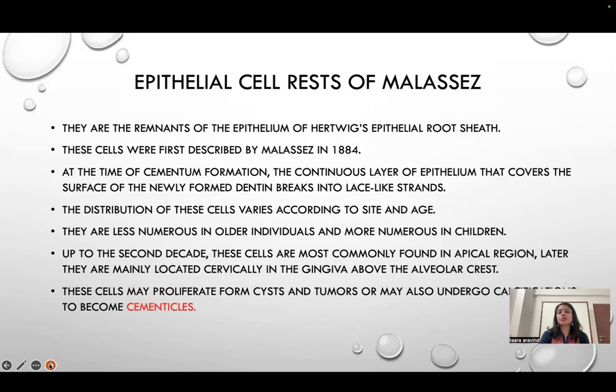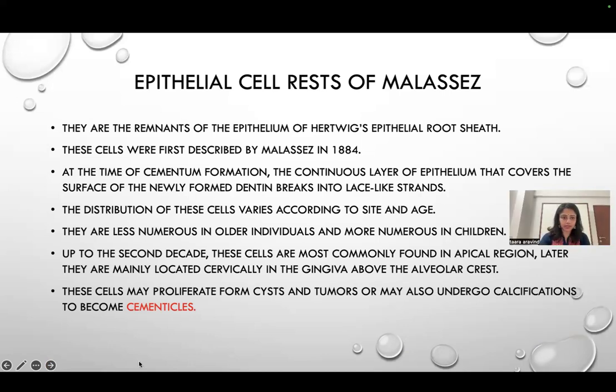They are less numerous in older individuals and more numerous in children. Up to the second decade, these cells are most commonly found in the apical region. Later, they are mainly located cervically in the gingiva above the alveolar crest. These cells may proliferate to form cysts and tumors, and they can also undergo calcification to become cementicles.